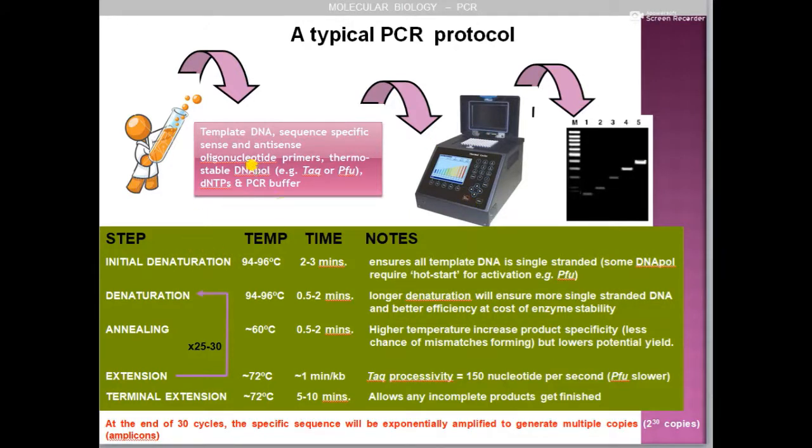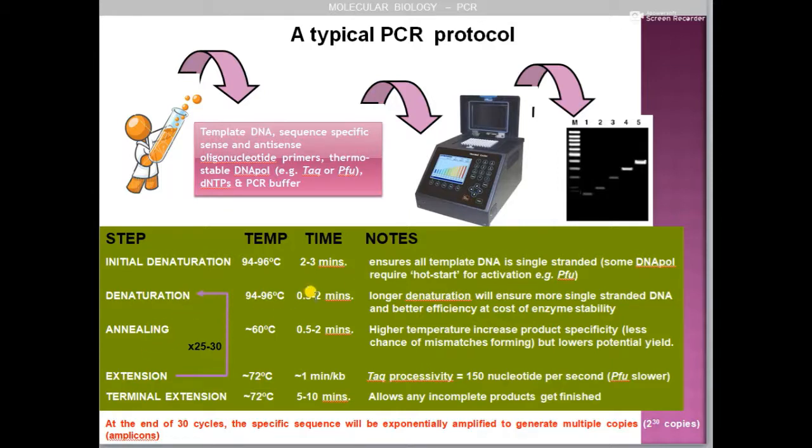So you will have an Eppendorf tube into which you will take your template DNA, your sequence specific primers, the DNA polymerase, the dNTPs as well as a PCR buffer. And you will set in the PCR machine the different steps needed. That is initial denaturation, 94 to 96 degrees, 2 to 3 minutes depending upon your DNA sample.